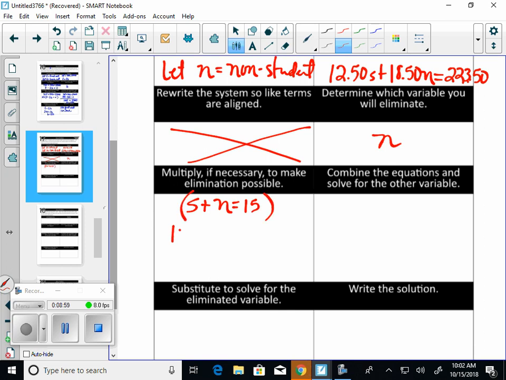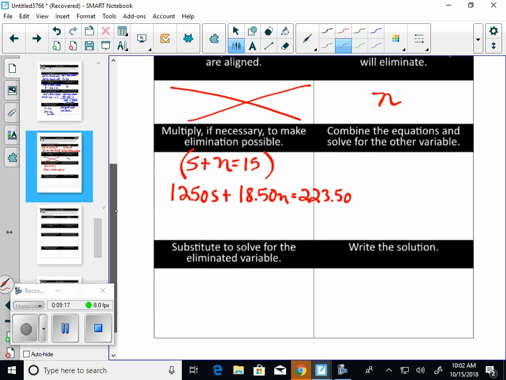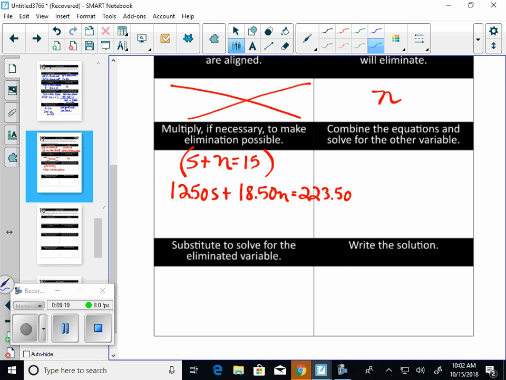And then I have my 1250S plus my 1850N, and that equals 223.50. Whew, so many. But I want to eliminate my N's, so I need to make sure one ends up positive, one ends up negative. Are you with me? And so I'm going to multiply everything in this first equation by a negative 1850 in order to make that happen.